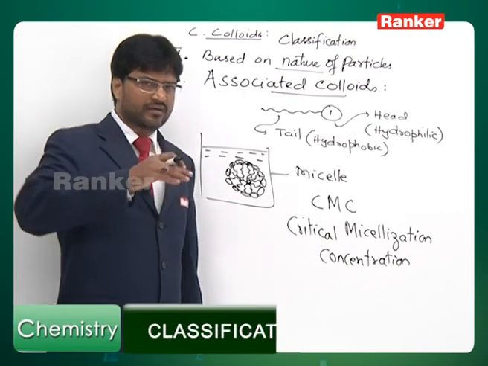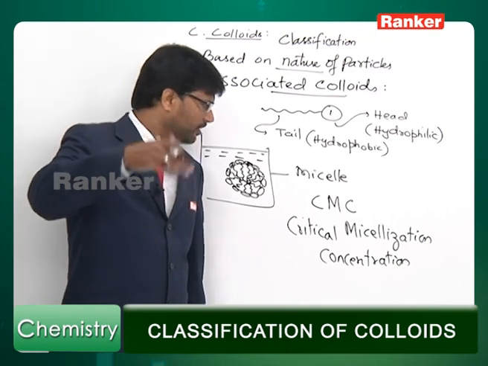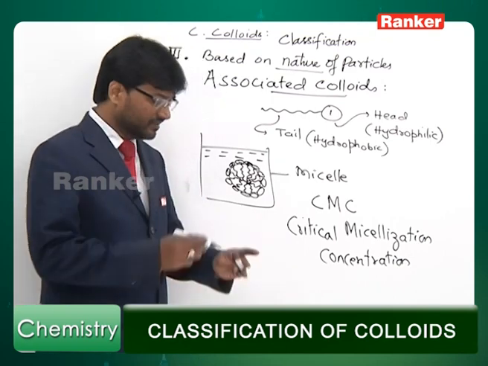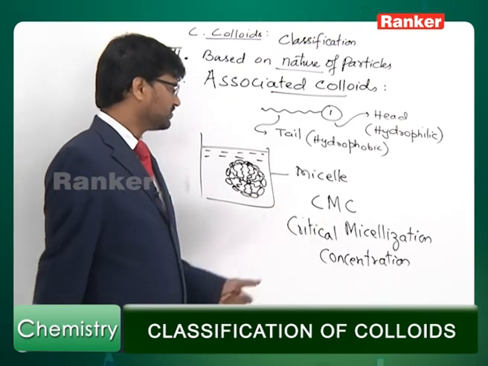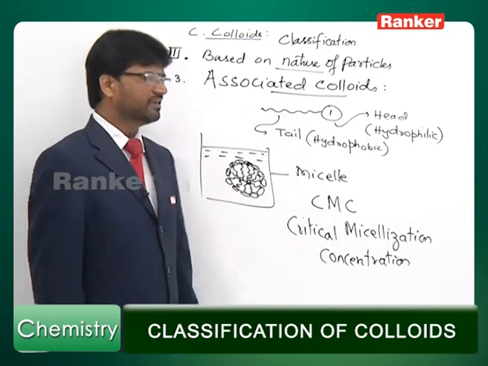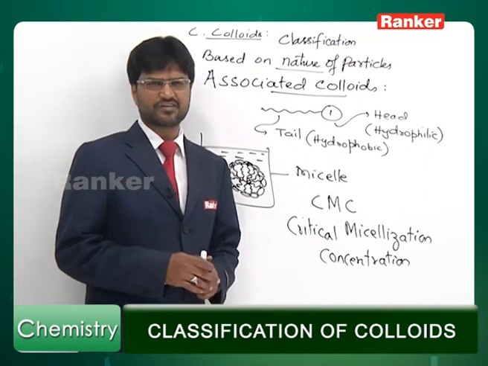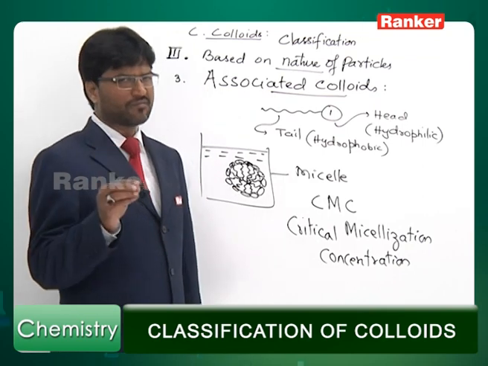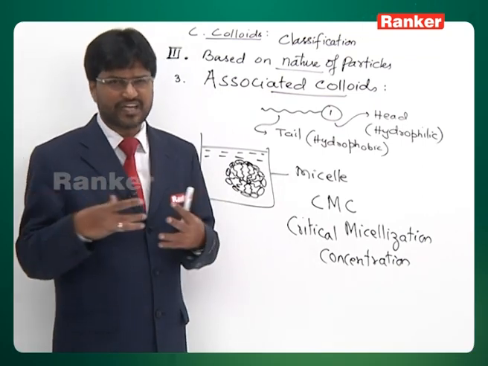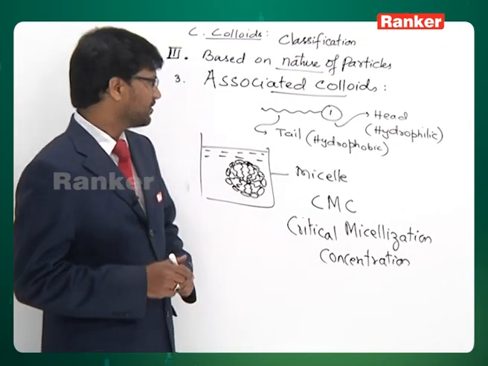But beyond a particular concentration, they aggregate to form micelles. So the concentration below which the soap and detergent solutions are true solutions is called the critical micellization concentration. The minimum concentration at which these particles aggregate to form micelles is called CMC, critical micellization concentration.